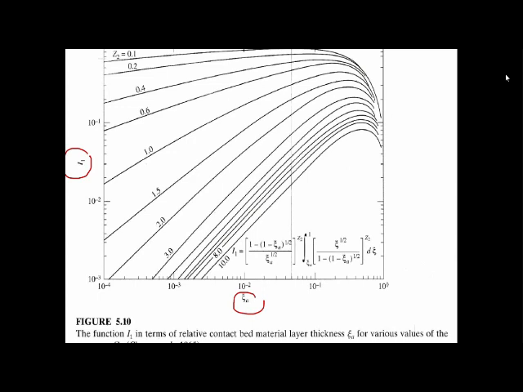So you dapatkan eta A from the previous equations, and then here are the lines of your Z2, starting from 0.1 to 10. Okay, and then you hit one of these lines based on the Z2 calculated from the previous equation, then you can determine this I1.